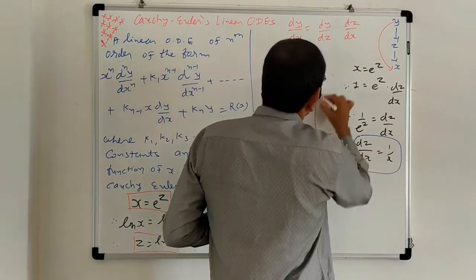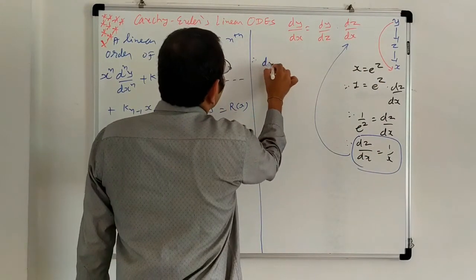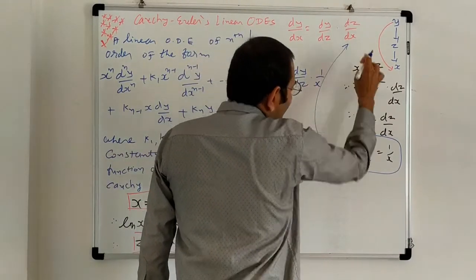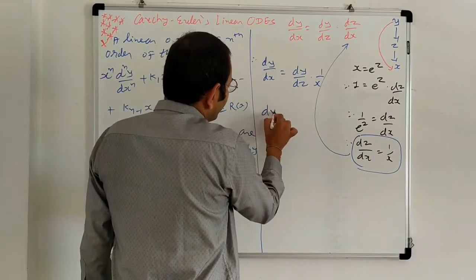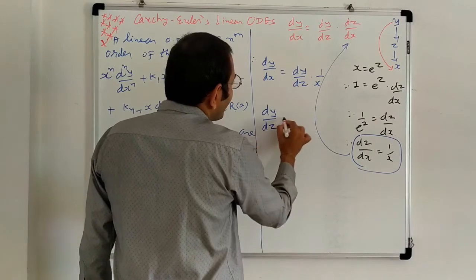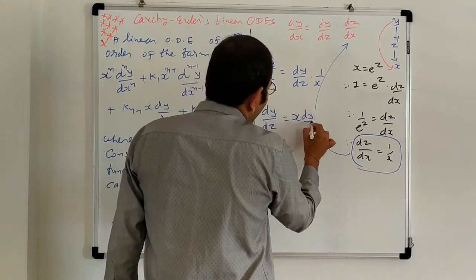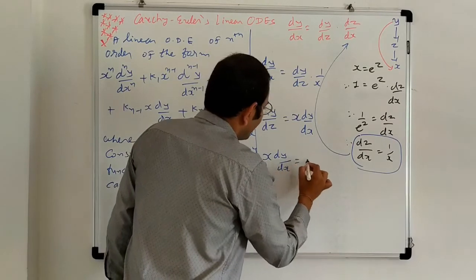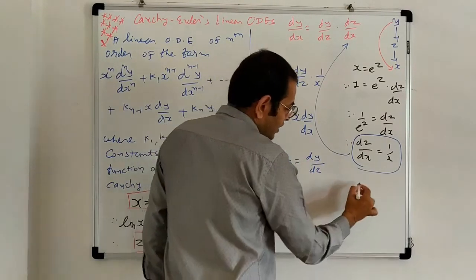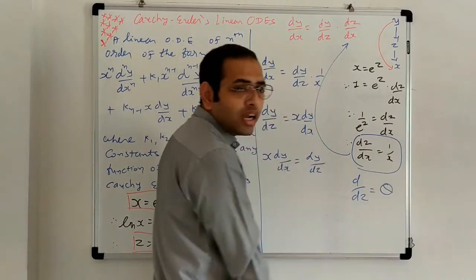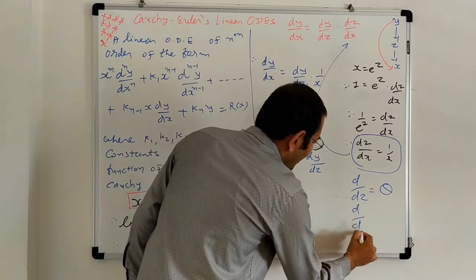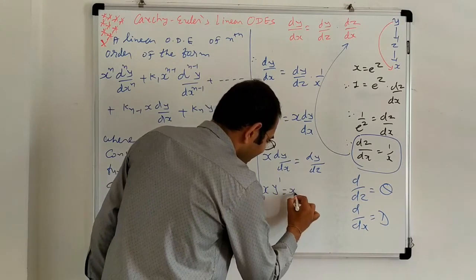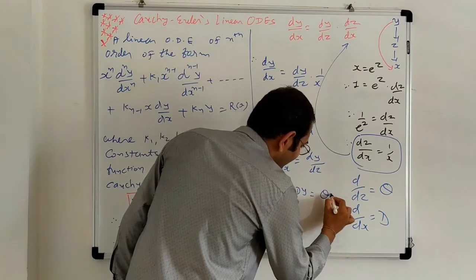Then substituting this value in the equation, we get dy/dx equals dy/dz into 1 upon x. Taking x to the other side, x dy/dx equals dy/dz. Here d/dz we write as theta, and d/dx we write as D. So we can write x y dash, that is x dy/dx, as theta into y.